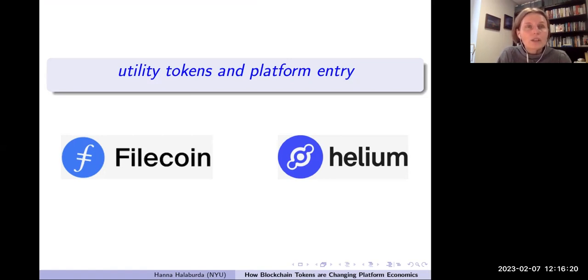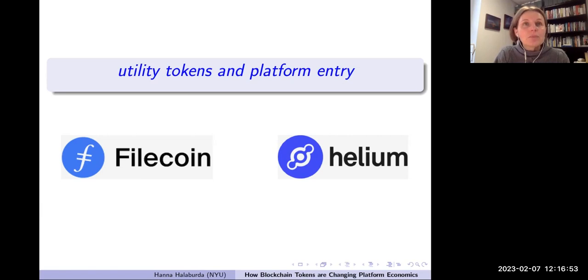Filecoin is a peer-to-peer competitor to Dropbox, a peer-to-peer file storage system, where you need users who are allowing their space on the computer to be used for storage of other people's files, and you need people who are willing to pay for this storage, and they are using the system and paying those who are providing the storage.